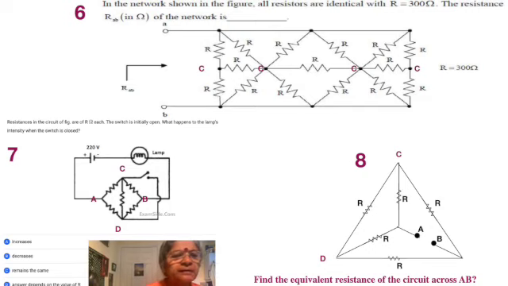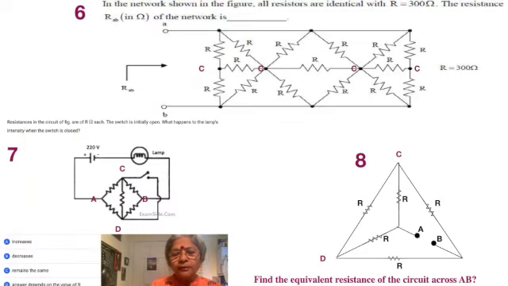The resistances in the circuit of the figure are R ohm each. The circuit is initially open. What happens to the lamps when the circuit is closed? Absolutely nothing happens, because it was an open circuit and a short circuit, and it went on to be physically a short circuit. Earlier it was virtually a short circuit, now it's physically a short circuit, so nothing happens.